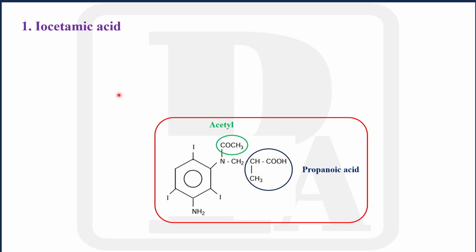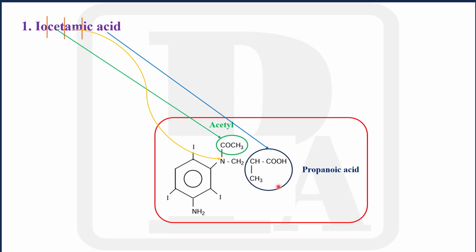For clear understanding, we are dividing the word iositamic acid into parts. Io is indicating the 3 iodines, cit is indicating the acetyl, am is indicating this tertiary nitrogen or tertiary amine, and ic acid is indicating propanoic acid.